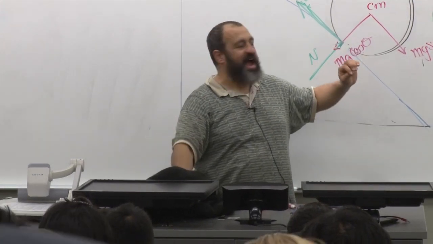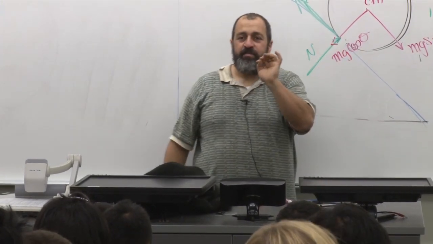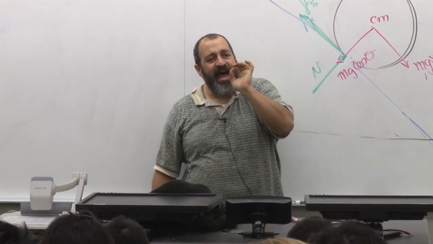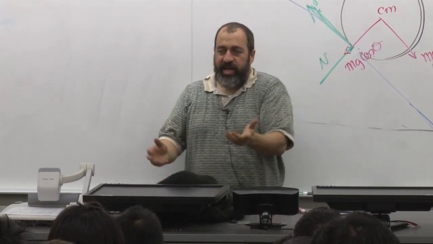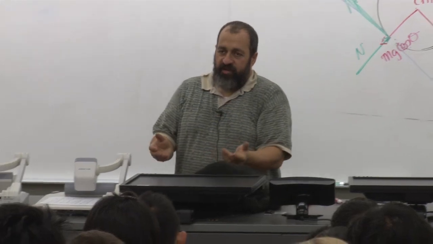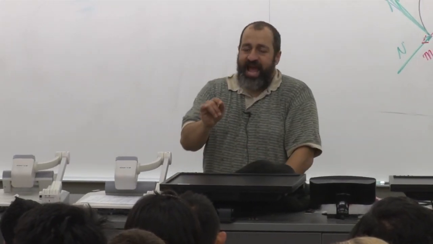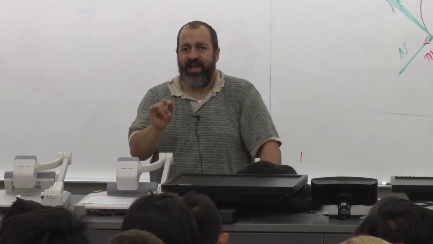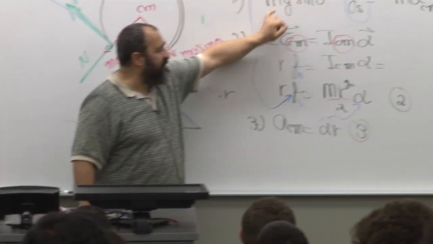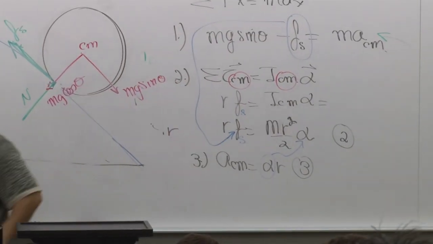Please pay attention, guys. This point is not moving. What does that mean? Usually, if you have an object spinning about its center of mass axis, the center of mass does not move. In this case, it moves. So we have to account for the motion of the center of mass and rotation on top of that.